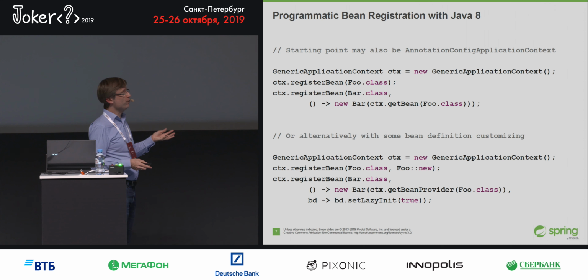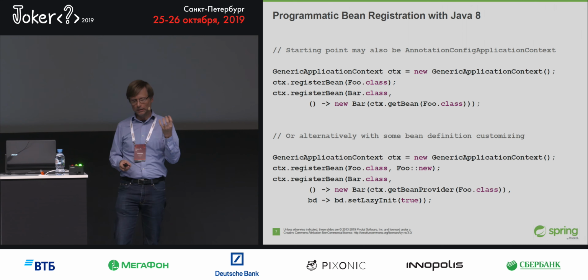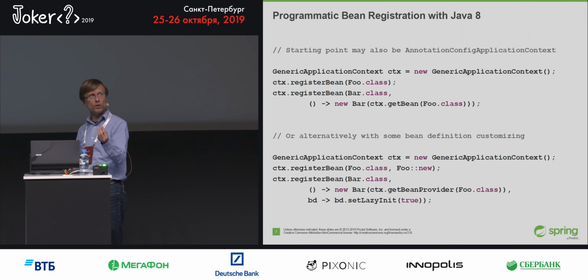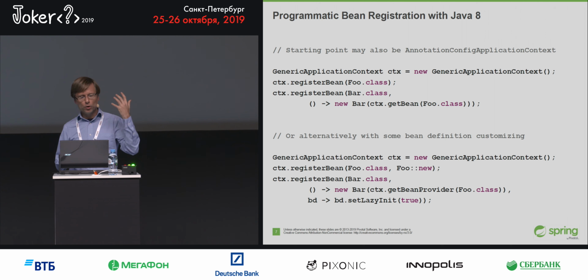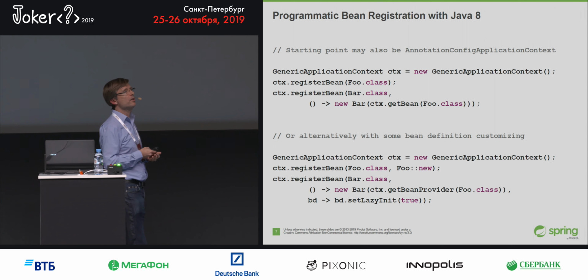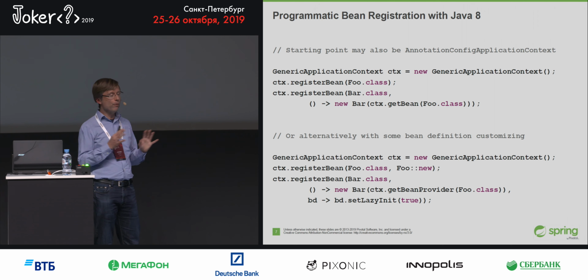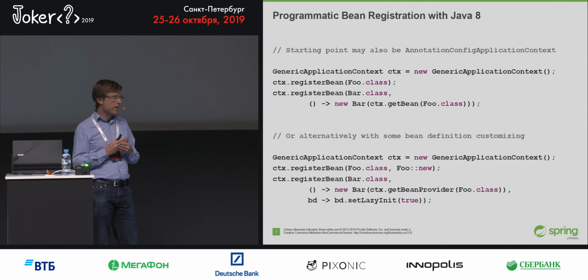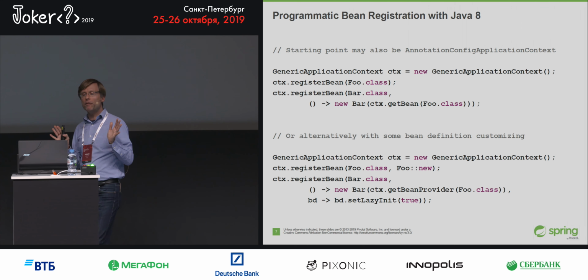But in its purest form, you could also build a quite minimal focused application context for a particular service of yours. And even if you have to register 10 or 12 or 15 beans, this still nicely fits onto a single page with this programmatic registration model and completely bypasses any form of class path scan, any form, in this particular case with GenericApplicationContext, even any form of annotation retrieval.